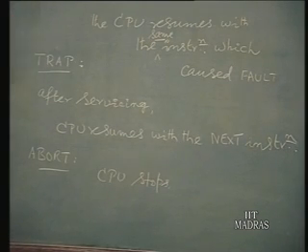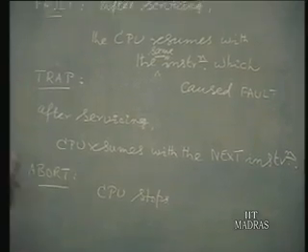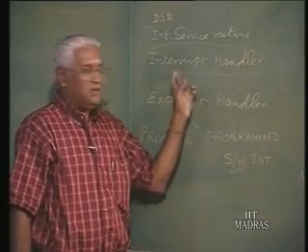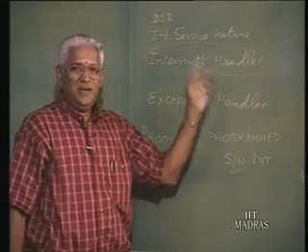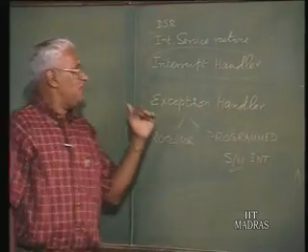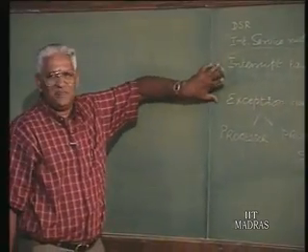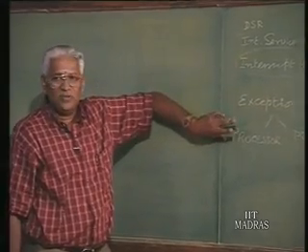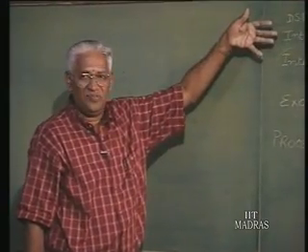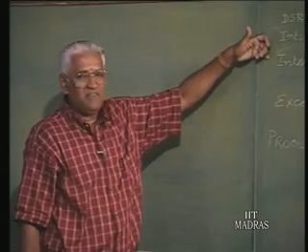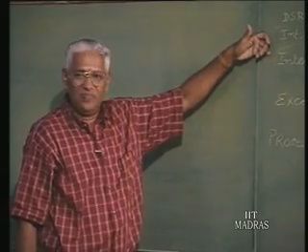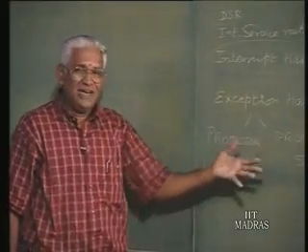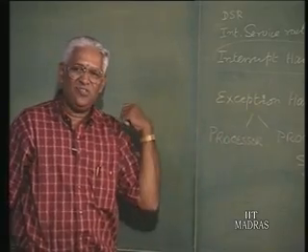So, we have got a fault handler, a trap handler, an abort handler and an interrupt handler. This in fact is somewhat related. In both these cases, the CPU stops and takes up some other service. Specifically, we were talking about device interrupt service here. Here these are all internal, the processor itself faces these.